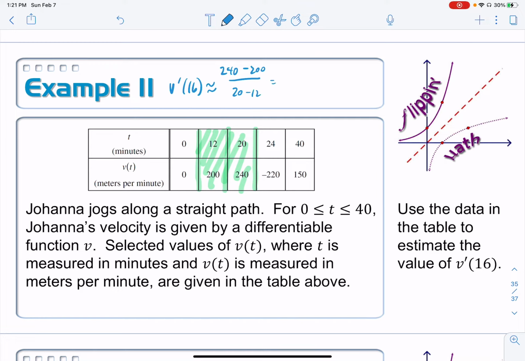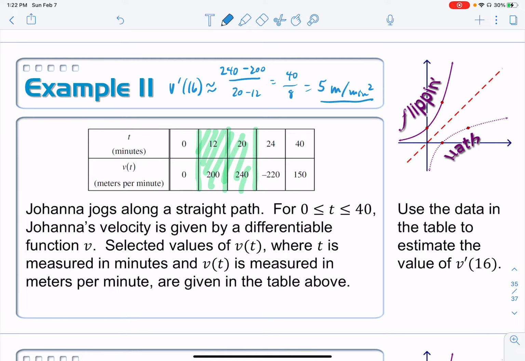You could reduce that. I think we can handle that. We've got a 40 up top and an 8, which gives us 5. Let's go ahead and throw in our units. Up top, we have meters per minute, and on the bottom, we have minutes. So this is going to be 5 meters per minute per minute, or if you prefer, meters per minute squared.